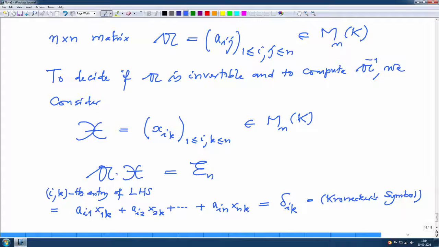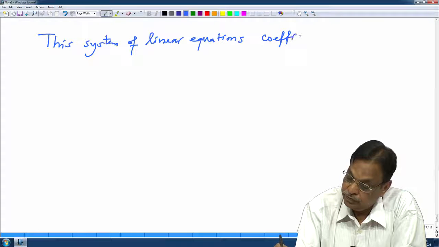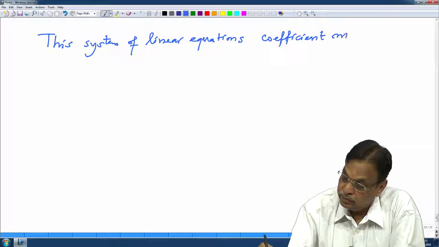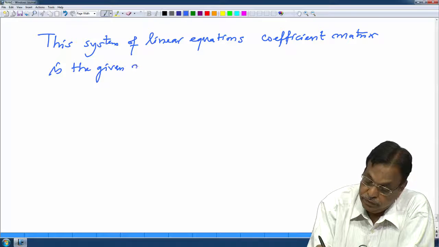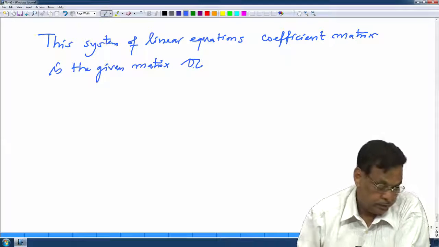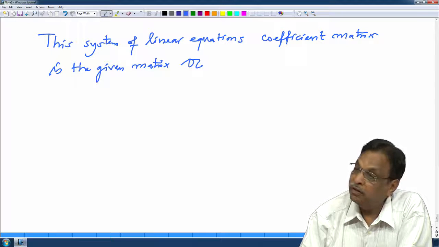Now, therefore, I have a linear system of equations, and this linear system, the coefficient matrix of this system of linear equations is the given matrix A. And we want to solve it simultaneously.